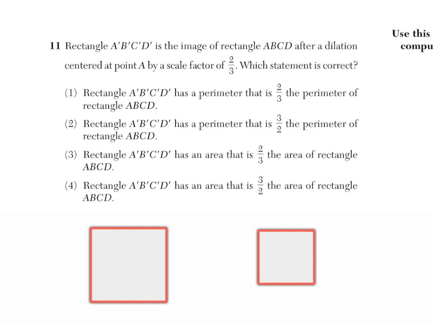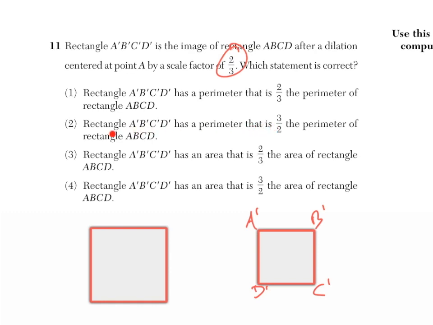Which statement is correct? So we know that this is A prime, B prime, C prime, D prime. It's decreased in size by a scale factor of 2/3. And so I know that when we're looking at option 1, it says rectangle A'B'C'D' has a perimeter that is 2/3 the perimeter of rectangle ABCD. Yeah, so that's certainly true, right? Because of the scale factor involved.